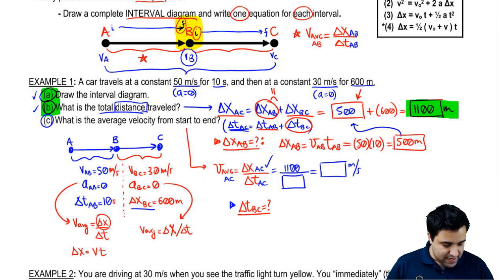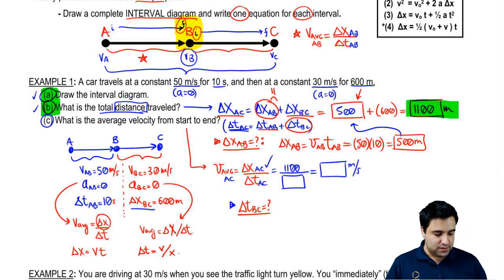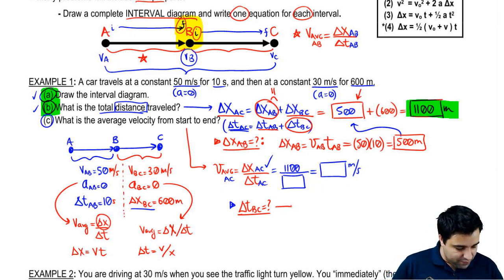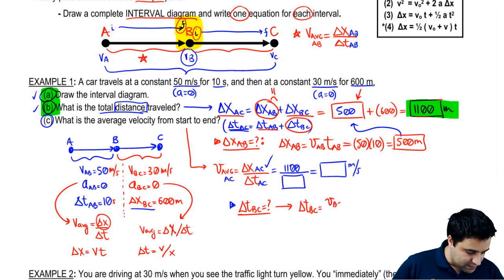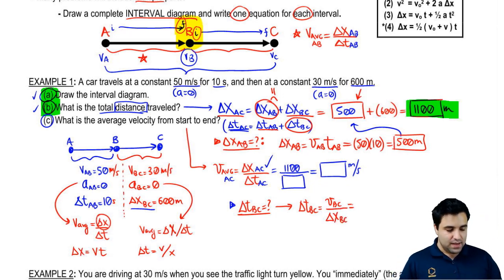Here I'm looking for time, so if I move things around, I find that delta t is v over x. Okay? So if I want to find delta t BC, it's the velocity between B and C and the delta x between B and C.